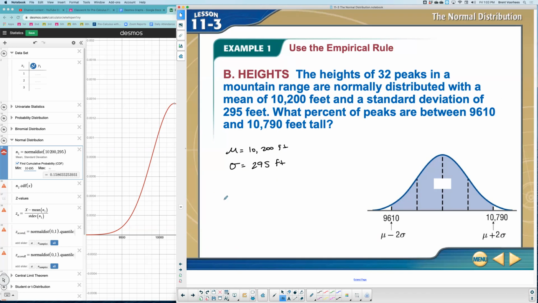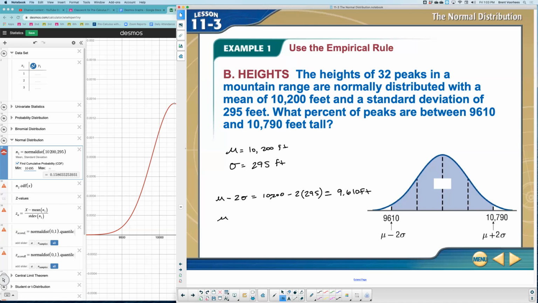So let's just say we wanted the mean minus 2 standard deviations. That would equal 10,200 minus 2 times 295. Well, 295 times 2 is going to be 590. And so if you subtracted 590 from this amount right here, that's where we're going to get the 9,610 feet.